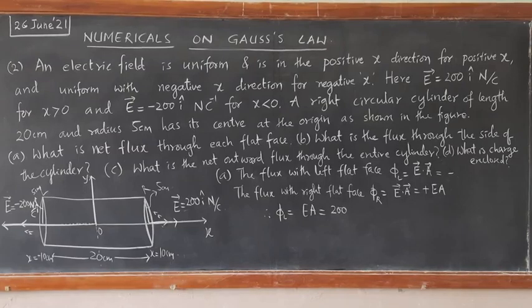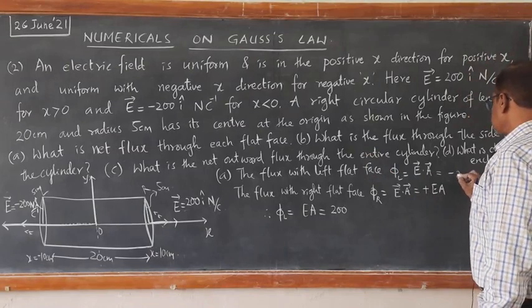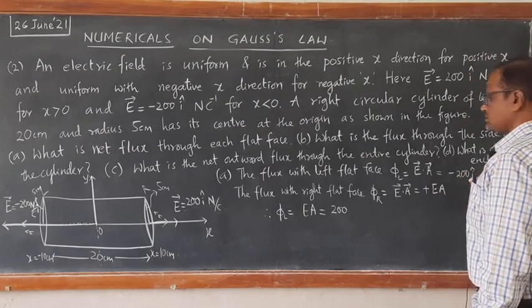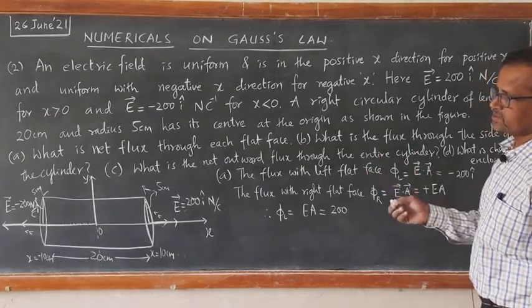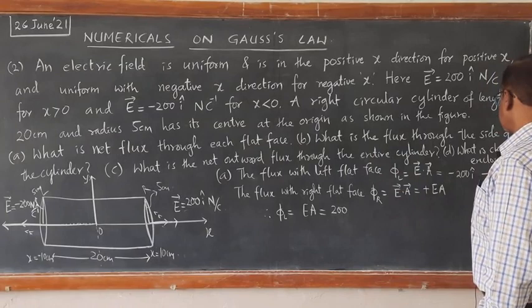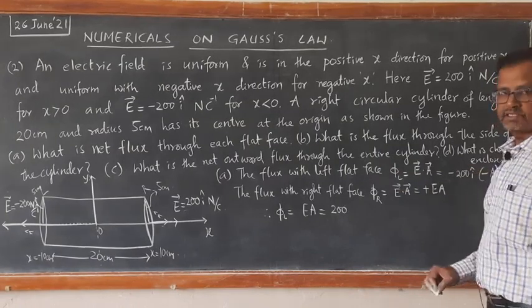Now, look at this. The electric field is negative because it is along the negative x-axis, minus 200 i. Into the area vector, which is also along the negative x-axis, that is also negative, minus A. So, minus of minus becomes plus.